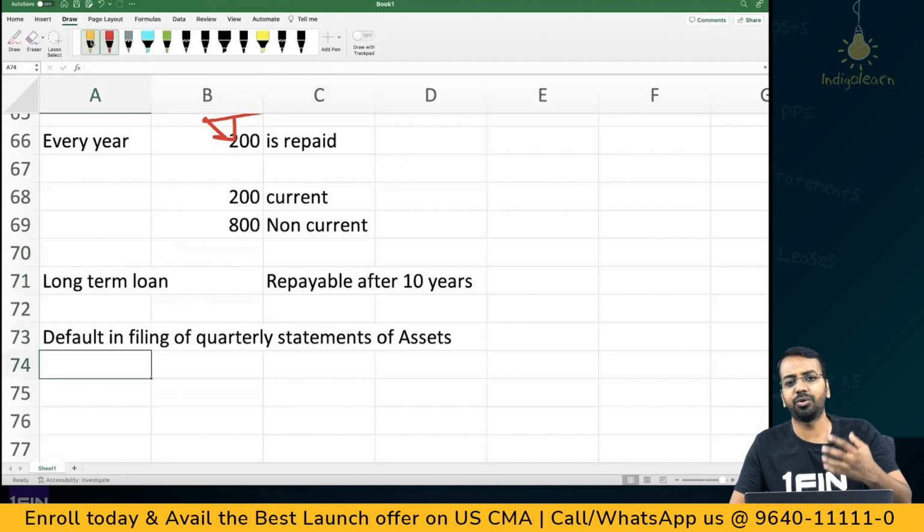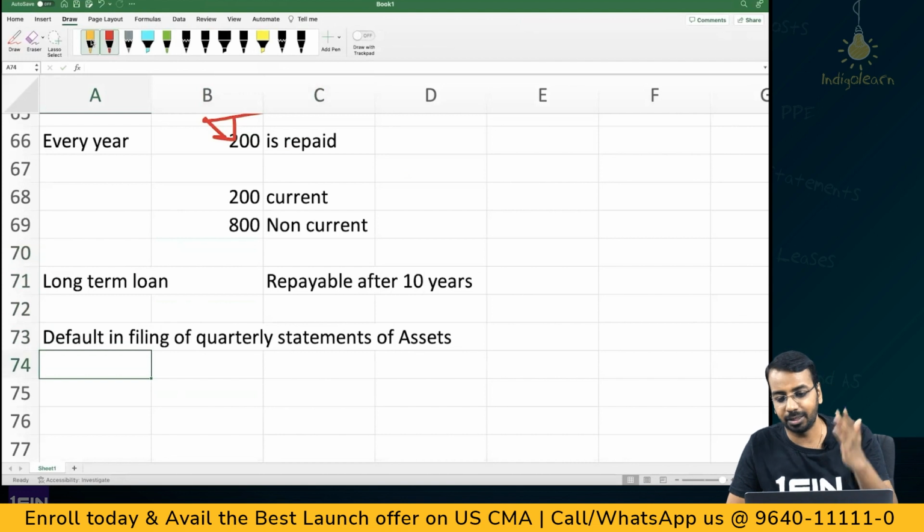Generally when you take a loan, you have to give some information to the bank. The bank says periodically give me a statement of inventory, statement of debtors, statement of revenue, provisional balance sheet. Every quarter you have to submit. If you don't submit, the bank says it will call this 10-year loan immediately.